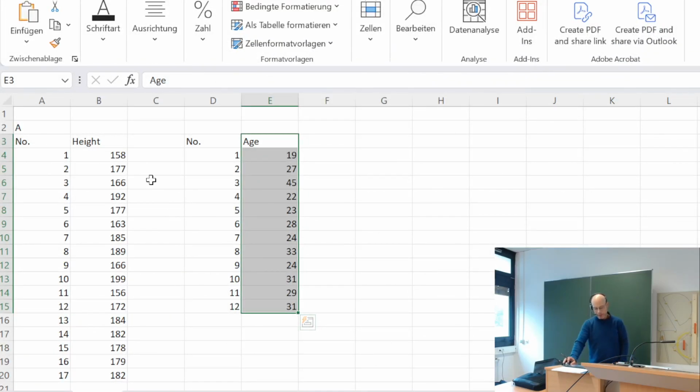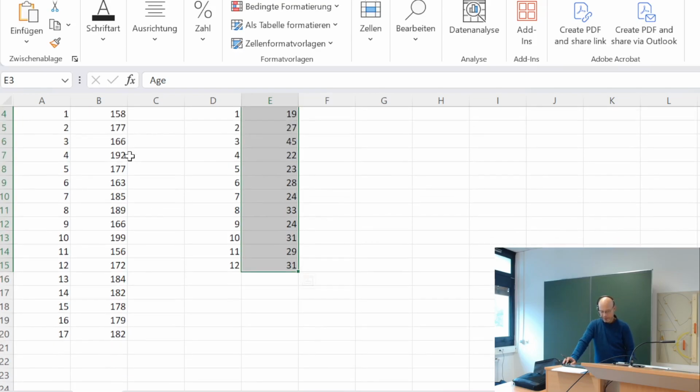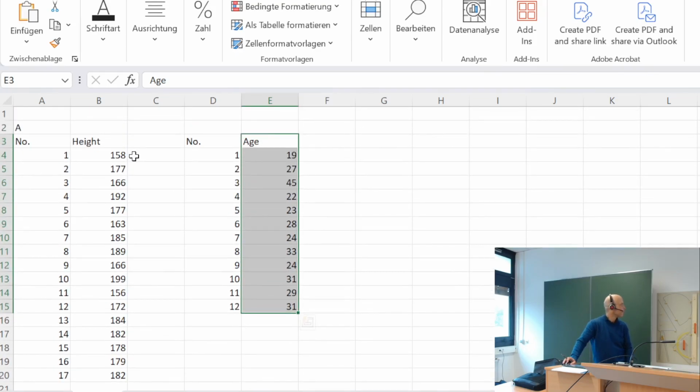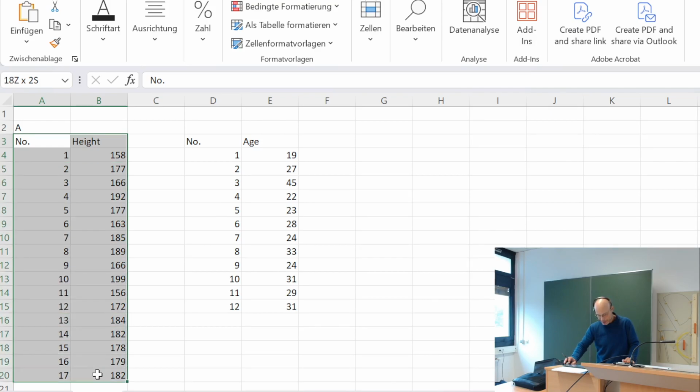What we will do at first for the median, in order to find the median of these distributions, is sort the data from the lowest to the highest, or the other way around, of course.